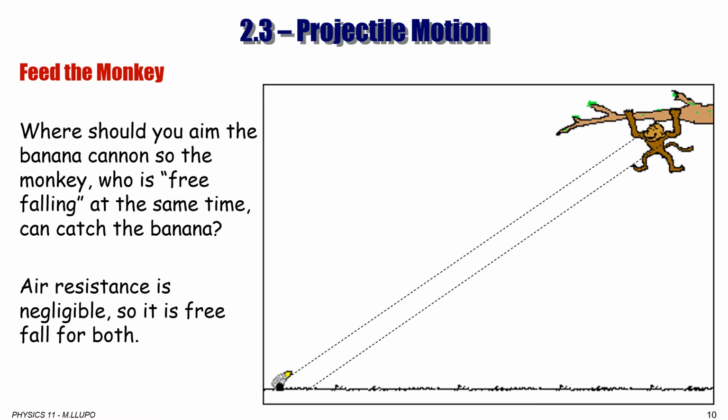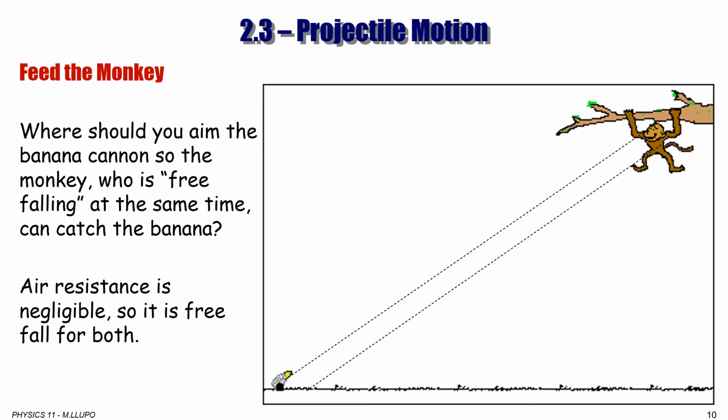Here's a gizmo. You can just try it at home. It is about shooting a monkey with a banana so the banana and monkey can meet in the air. And the question is, where should we aim the banana cannon so the monkey, who is at the same time free falling, can catch the banana? Remember that it's an ideal situation where air resistance is negligible.